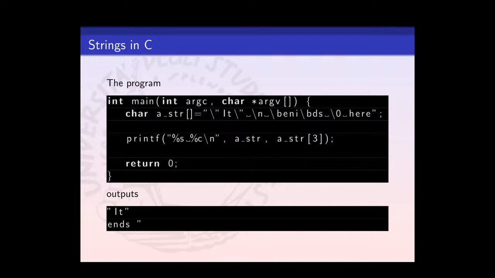The escape sequence, for instance, \n is a character. The escape sequence \b is a character, and so on. The string terminator is a character. The space is a character, and so on. And the array has length equivalent to the length of the string plus 1, because at the end of the string we have to consider the string terminator, which is implicit in the fact that we are declaring a string.